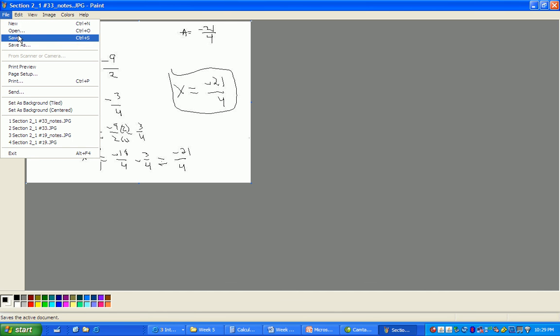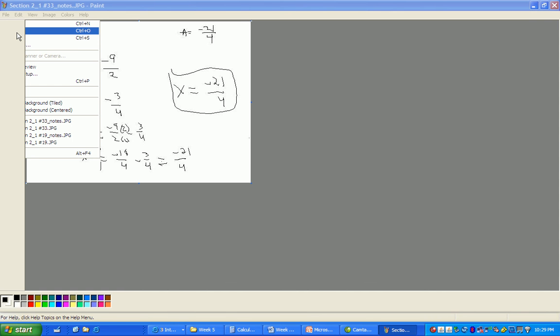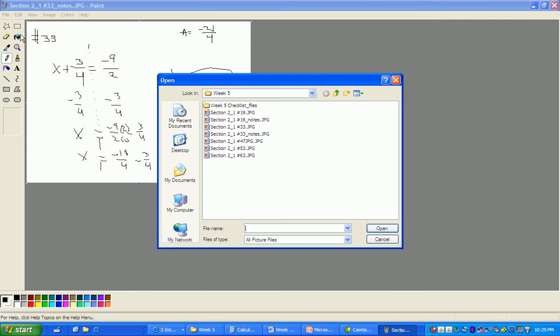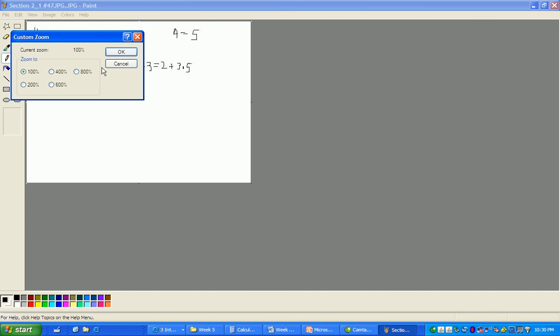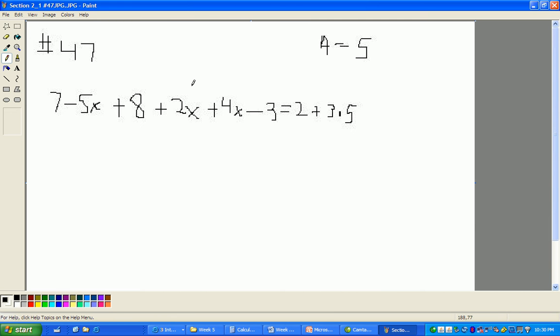We'll work on number 47. Number 47 looks like a little bit trickier, but we'll soon find out that it actually isn't. The first thing we've got to do is collect like terms. The way I like to do this is to always start with my x values. We've got negative 5x plus 2x plus 4x on the left.